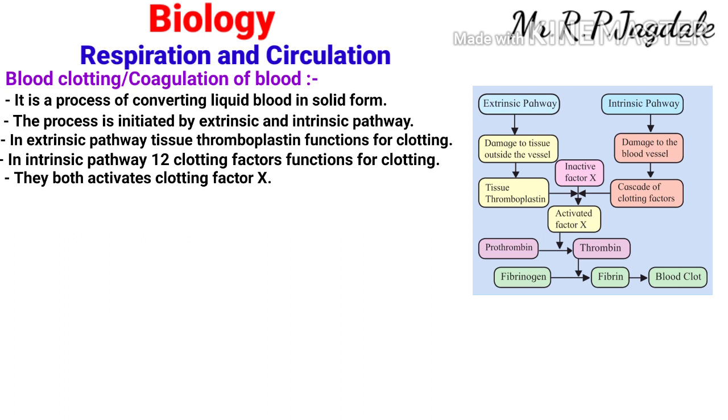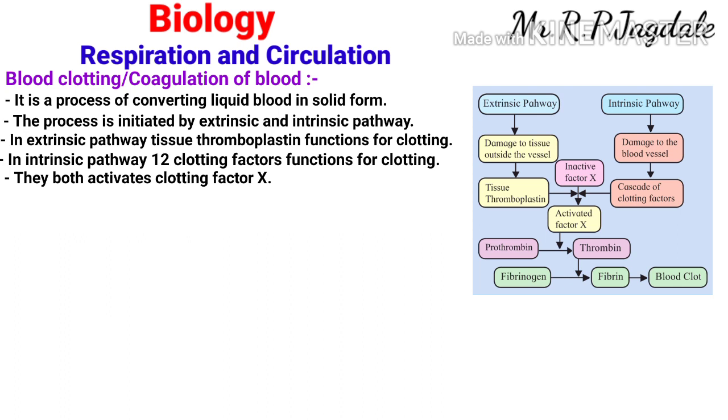You can see in the chart, tissue thromboplastin and the cascade of clotting factors both can activate factor 10. What is that factor 10? Prothrombinase. Prothrombinase is factor 10, and thromboplastin and the 12 factors convert inactive prothrombinase into active prothrombinase.